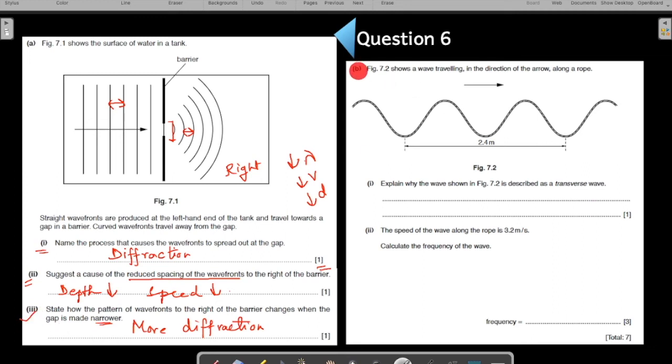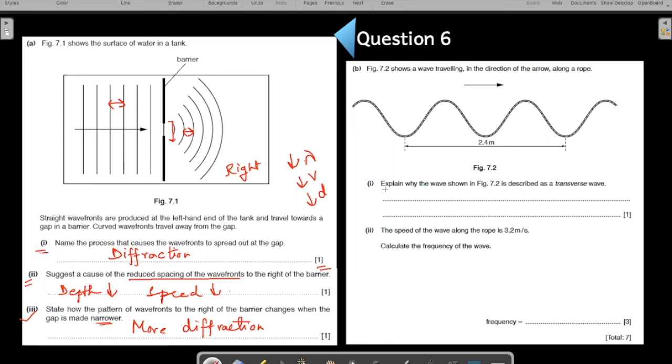Let us come to the part B. It shows a wave traveling in the direction of the arrow along a rope. You are creating some rope. Explain why the wave shown is described as a transverse wave. How do you define transverse wave?